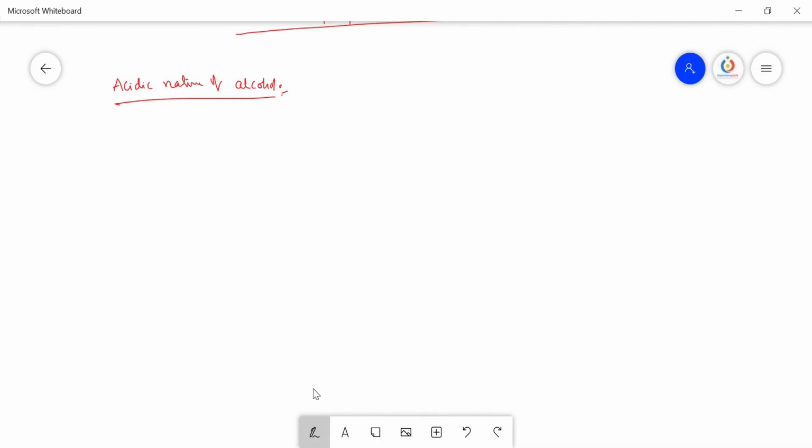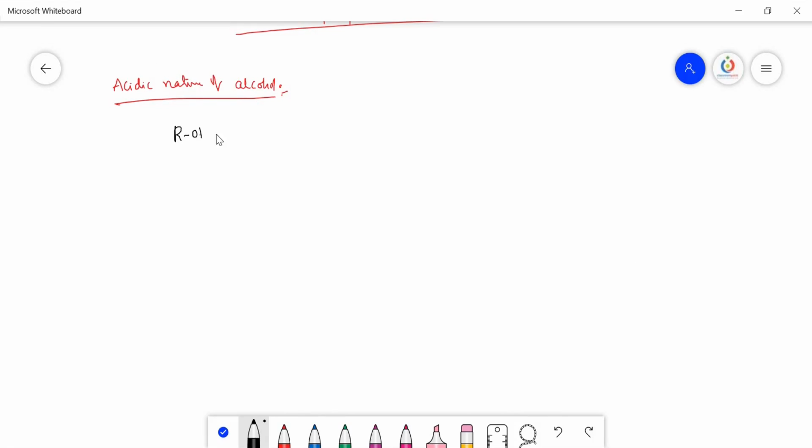So now chemical properties, acidic nature of the alcohols. Alcohols are acidic in nature because in this ROH part, oxygen is connected to carbon chain on one side and hydrogen on the other side, both less electronegative than the oxygen. So because of which oxygen always gets the partial negative charge, and hydrogen gets the partial positive charge.